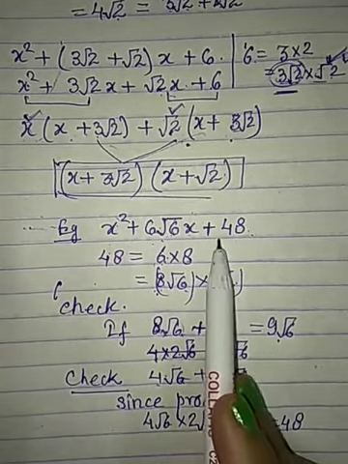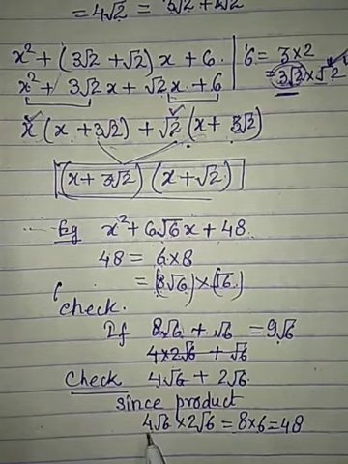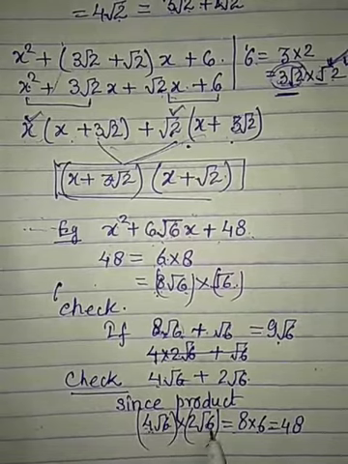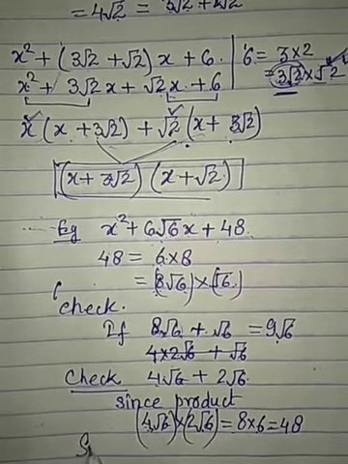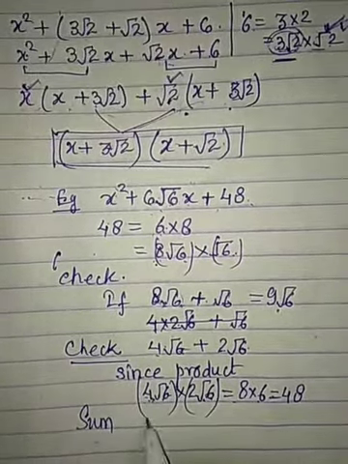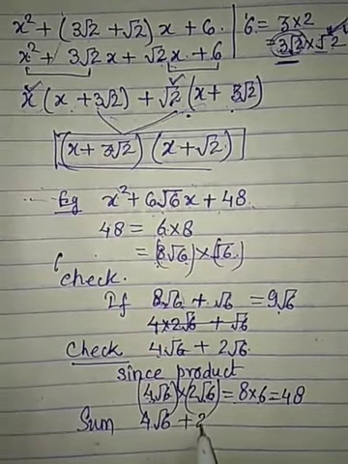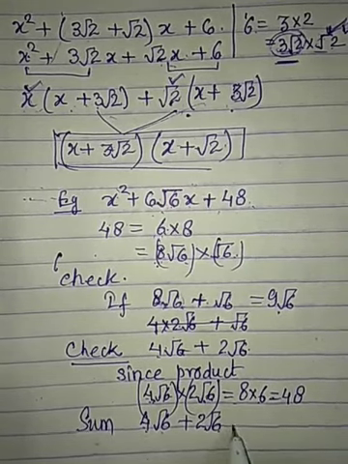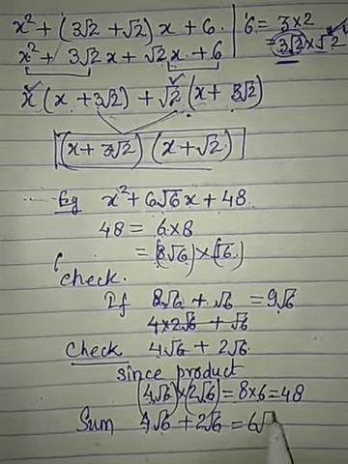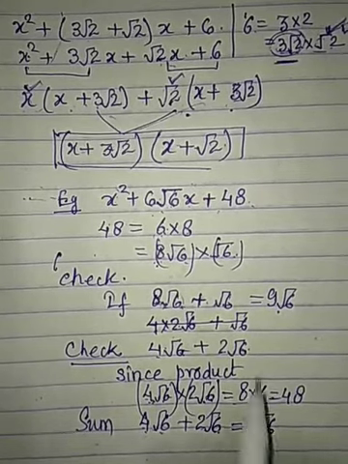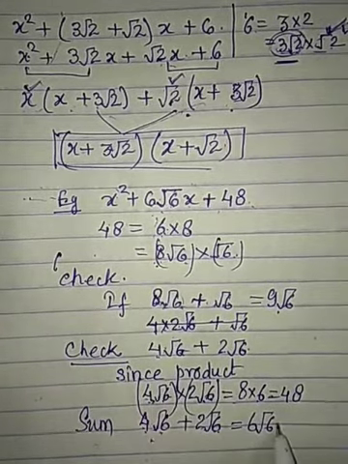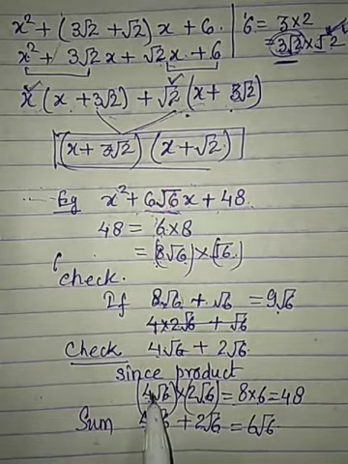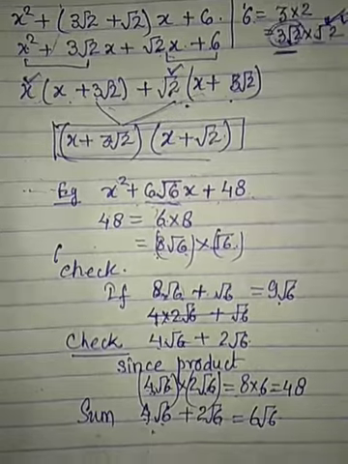That means this 48 can be factorized with 4 root 6 as the first factor and 2 root 6. And we can see their sum: 4 root 6 plus 2 root 6 means 4 plus 2, which is 6 root 6. This is the middle term only. So this can be split using the factors 4 root 6 and 2 root 6.